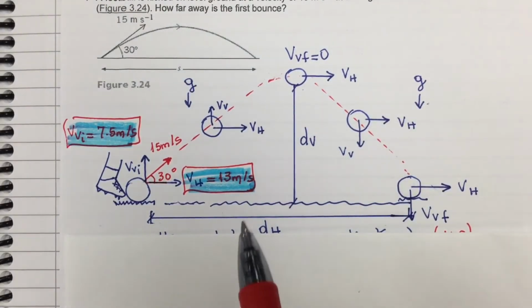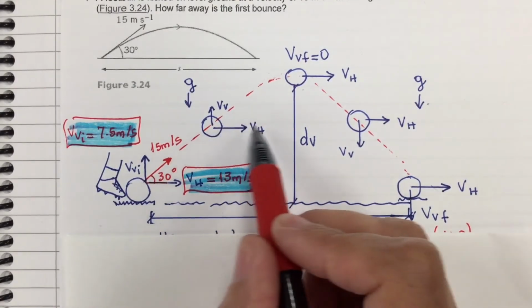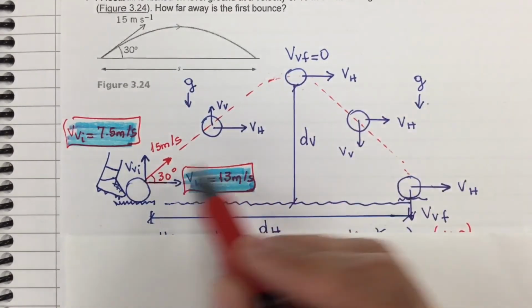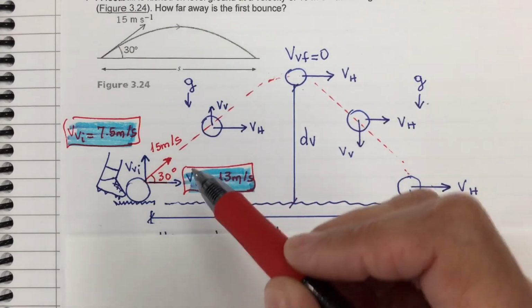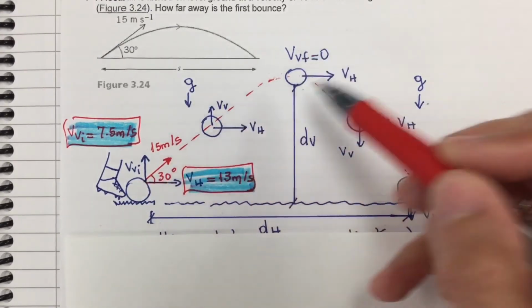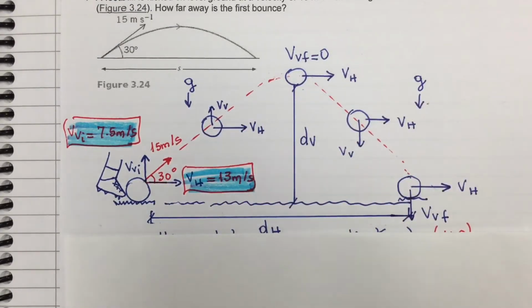Because we have here two types of motion, one is horizontal, which will not change, and one is vertical, which is changing, we are going to separate this motion into a horizontal and a vertical table.